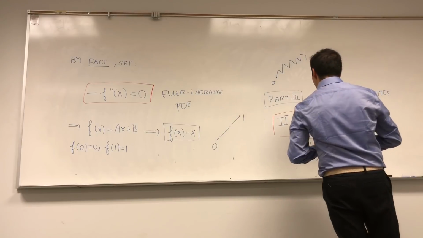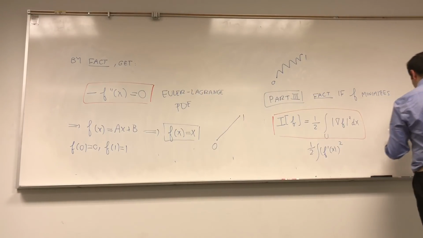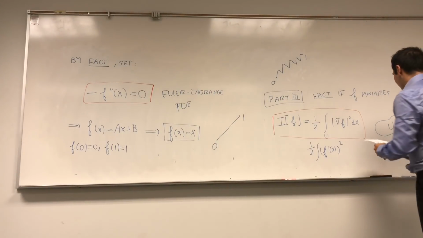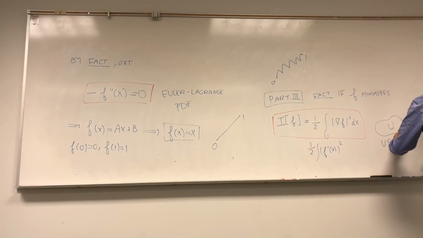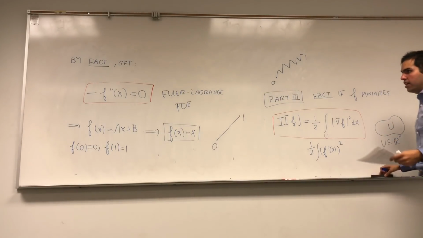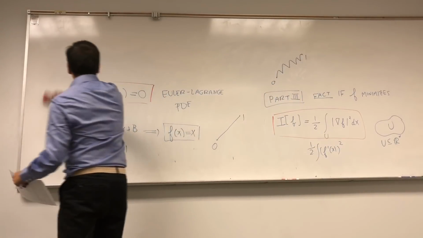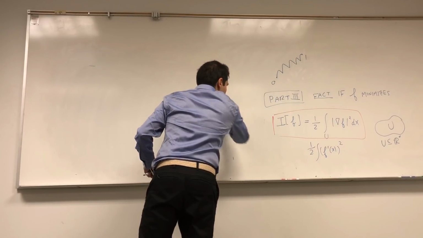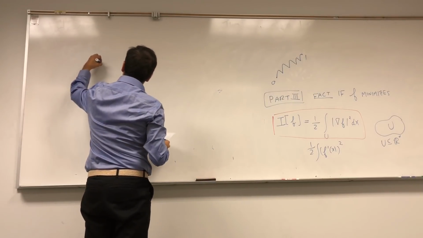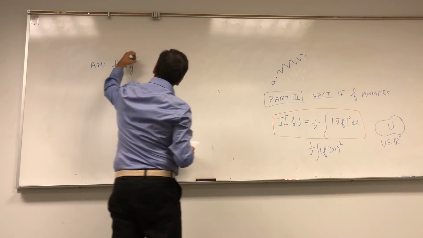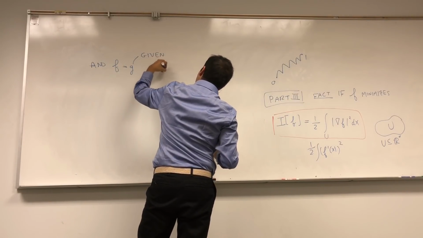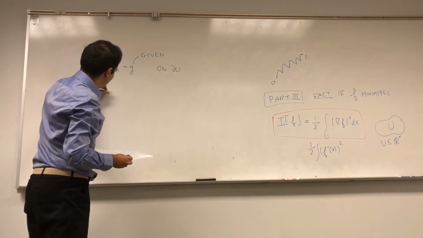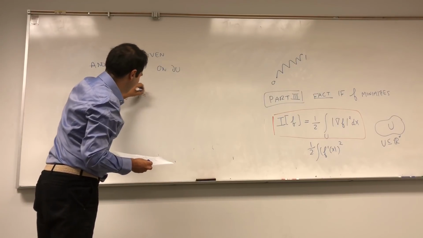And u is an open bounded subset, so u is open and bounded in Rn. And suppose that f equals some given function g on the boundary. This is, if you want, the analog of f of 0 equals 0, f of 1 equals 1.